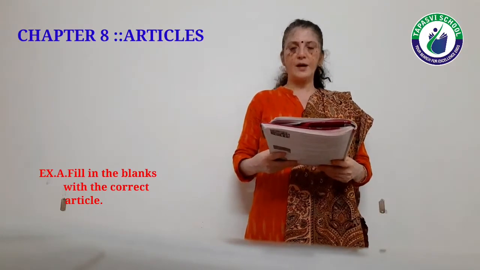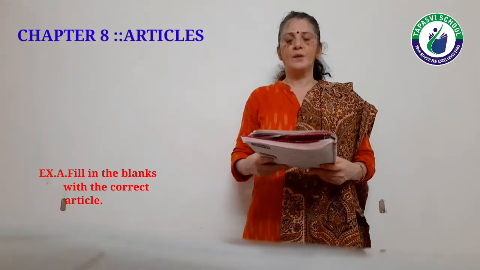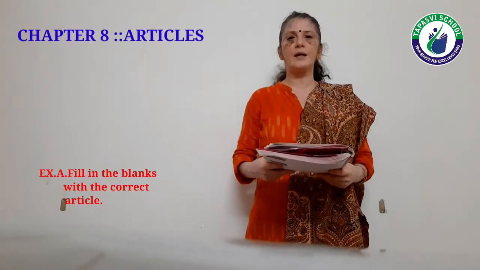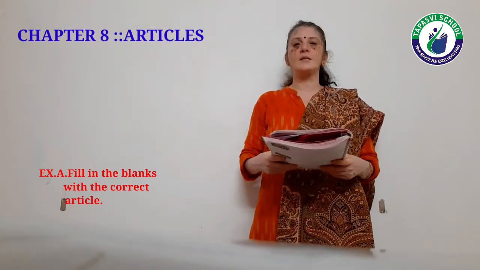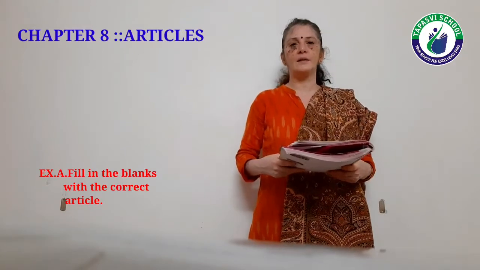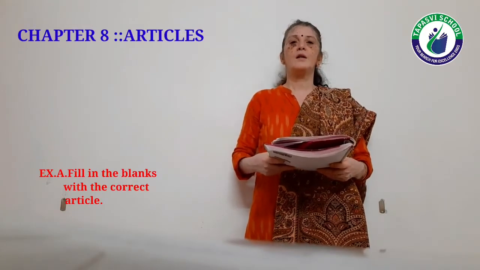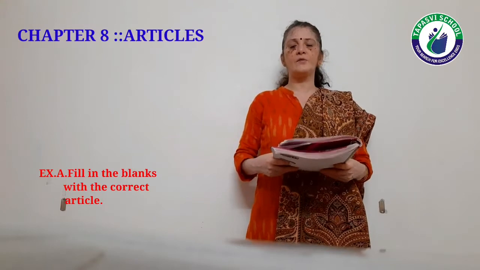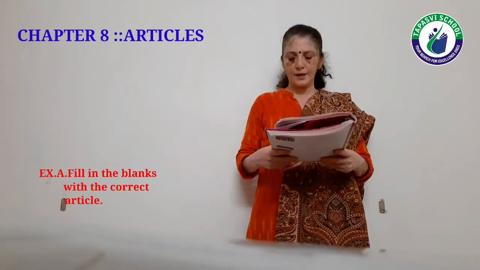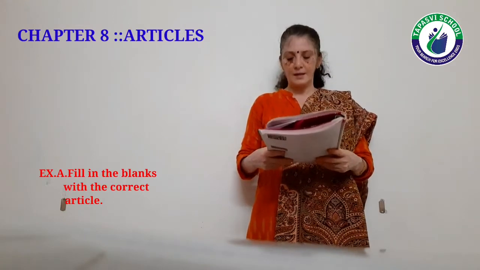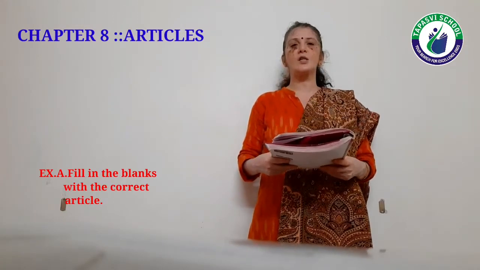Now students, exercise A: fill in the blanks with the correct article. First, Lucy Gray was dash little girl. A and an are given, and the correct one is a. Second, it will take us dash hour to reach Jaipur.